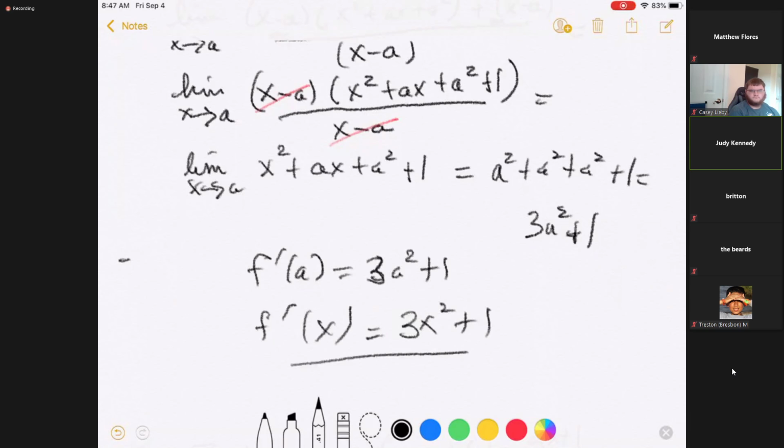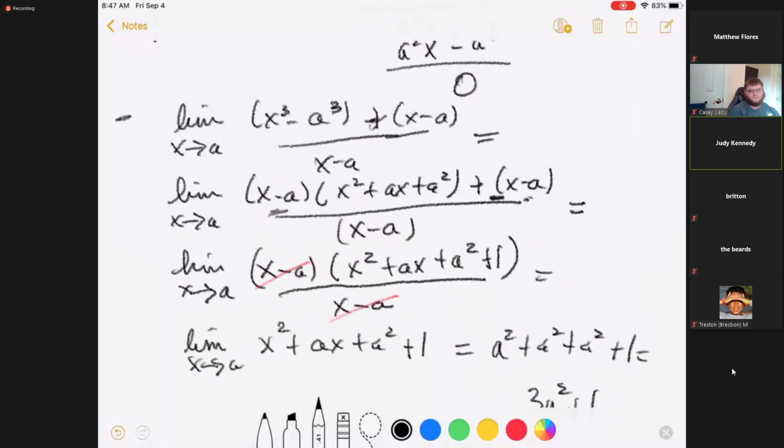So you get the same thing either way. The algebra you have to do in between can be different if you use one definition or the other, so you can use the one that makes your work the easiest. I hope that answers the question. We did it both ways.